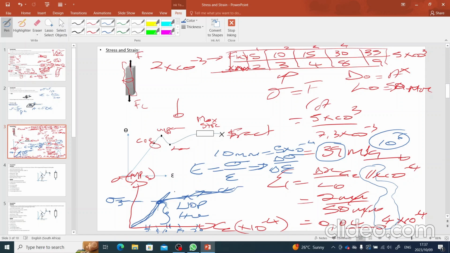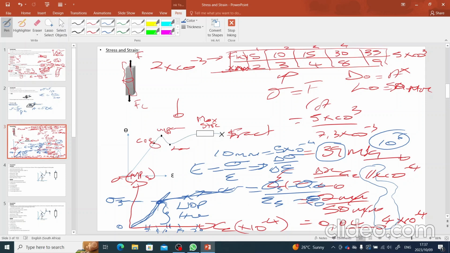But we always advise that you take stress 3 minus stress 0, over strain 3 minus strain 0. We know any number minus zero is that number. This is how you will calculate your Young modulus or the strength of material in that region.